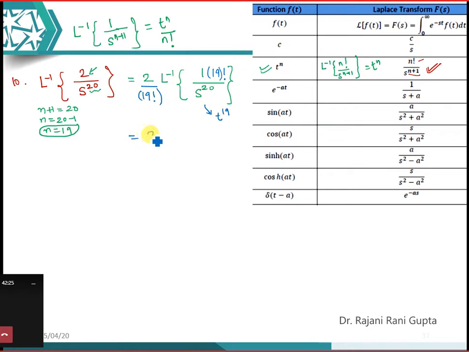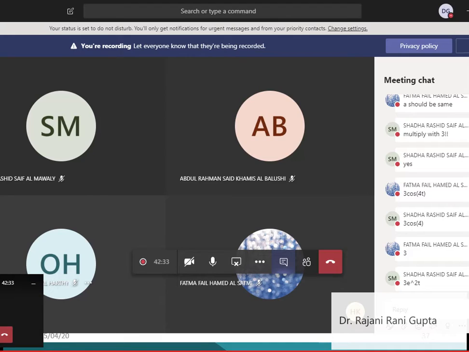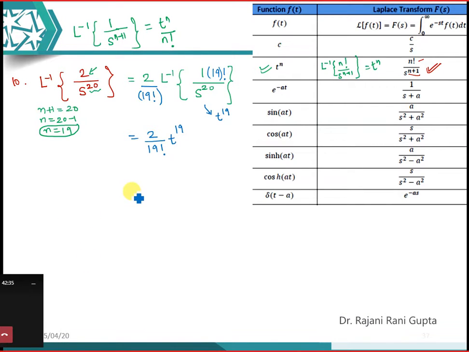So the result will become 2 over 19 factorial t to the power 19. Okay. If you think that this is very long and you do not understand it, you can use this formula directly and work with it. See how, it will be another way.